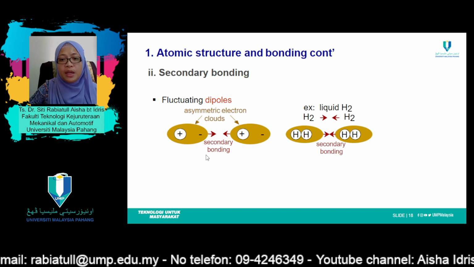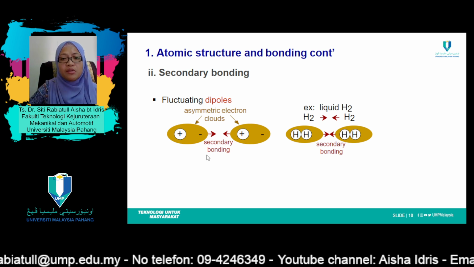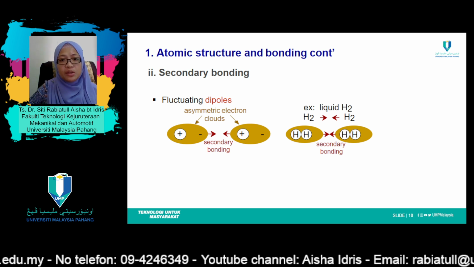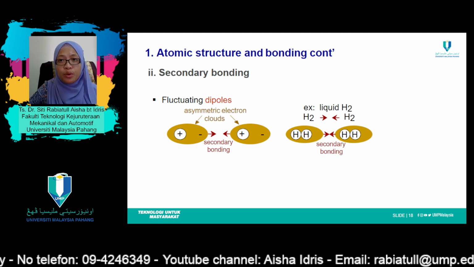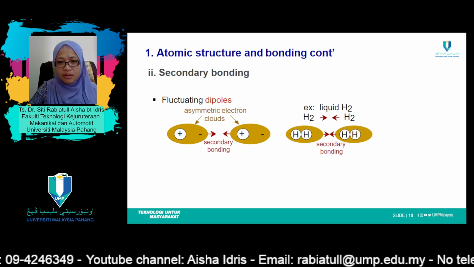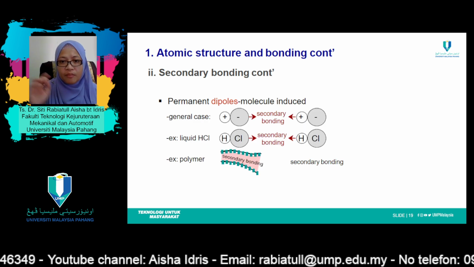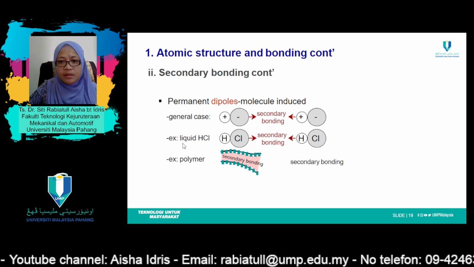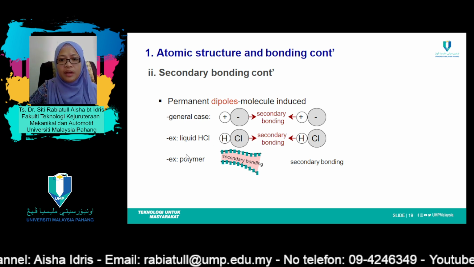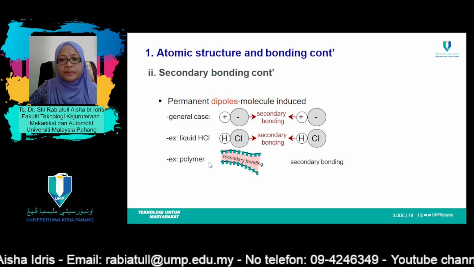Or it can be a combination of bonding. So that is known as secondary bonding as well, which always occurs in polymers. Another example, you can see hydrochloride and also polymer.